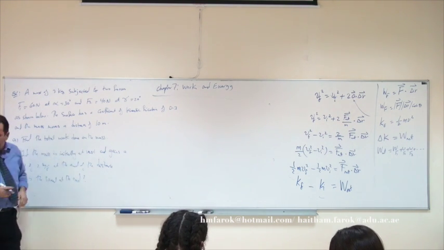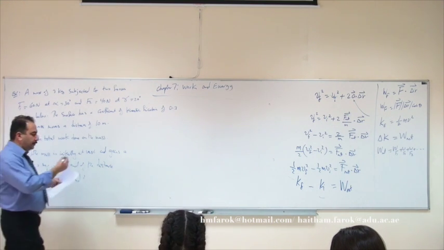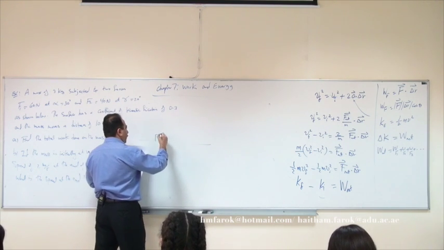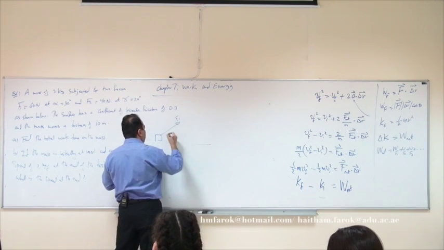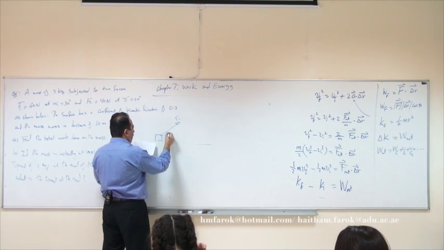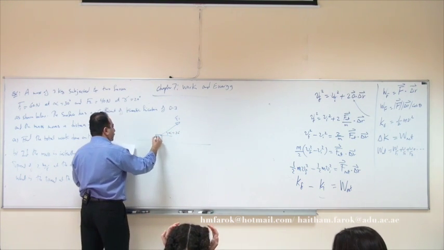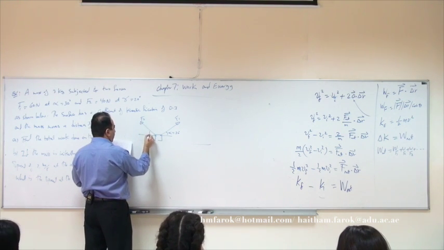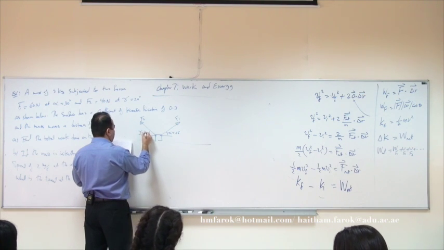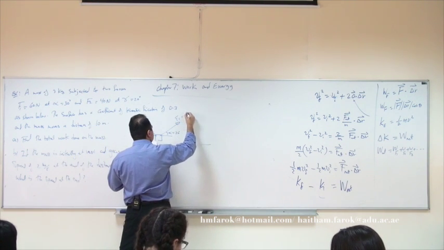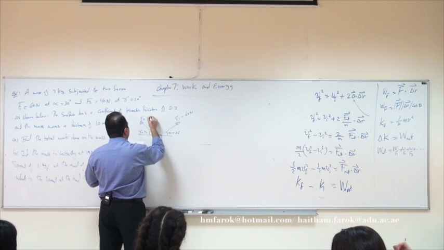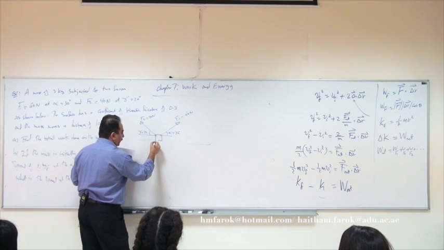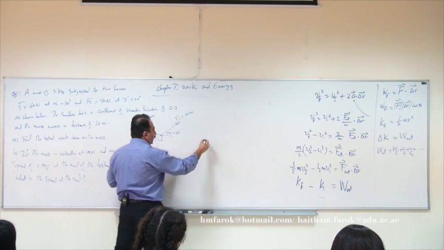Final speed. This is the diagram. The mass is here. We have F1 this way, and the angle alpha, 30 degrees. And here we have F2, and the angle gamma here, 20 degrees. Of course, F1 is 60, F2 40, and we have friction, and the object moves from the initial position here to the final position there.